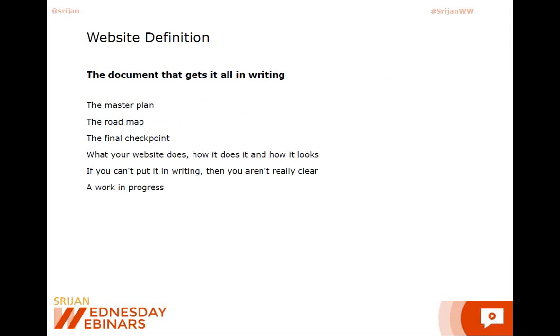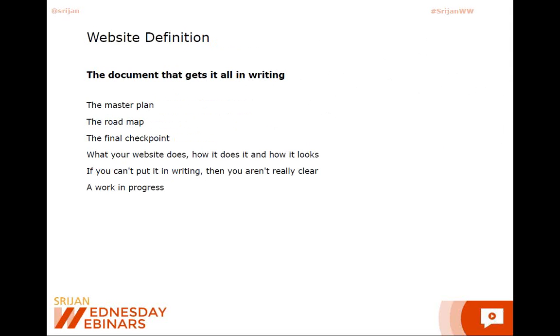And with all of this that I'm saying about the importance of the website definition document, and that you should spend all of this time to figure out all of these things, set your priorities and your budgets, and know all of these answers, that's not to say that once you've written your website definition document it is set in stone and nothing is ever going to change. The website definition document, like I said, is your roadmap.